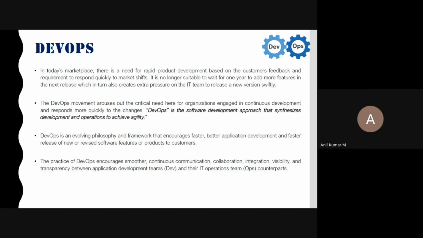So the DevOps we implement in software development makes your development faster as well as your operations faster, so that whatever new services we develop, we can deploy into the production server quickly.